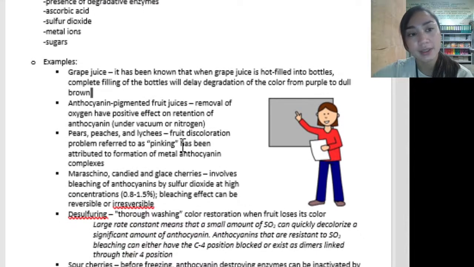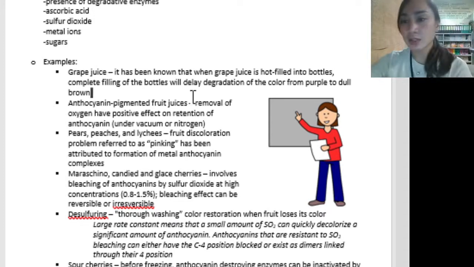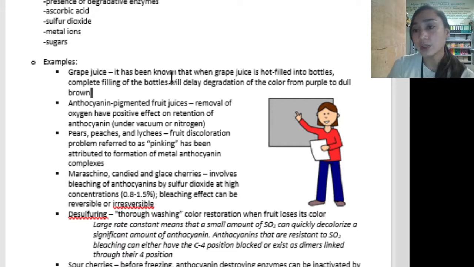So, examples. Sa grape juice, no? So, ito yung some of my readings na mga nakita online, no? So, it has been known that when grape juice is hot filled into bottles, so complete filling of the bottles will delay degradation of the color from purple to dull brown.